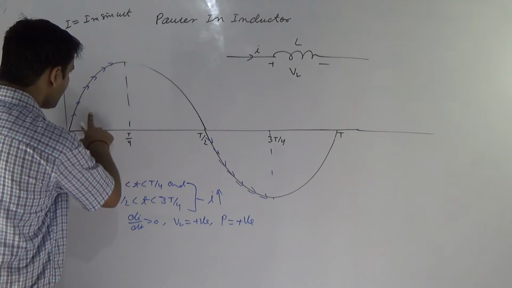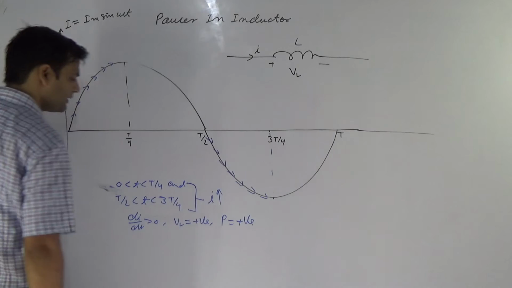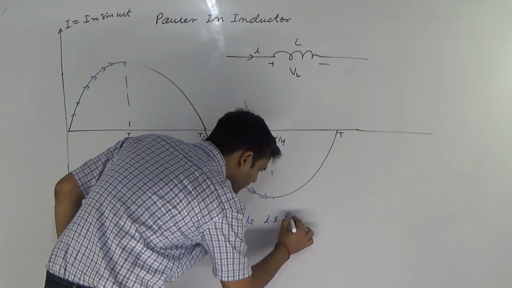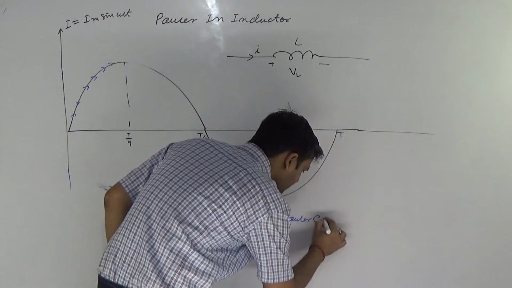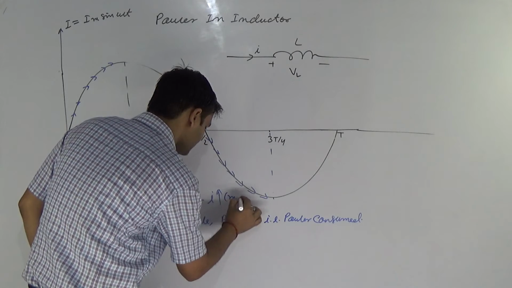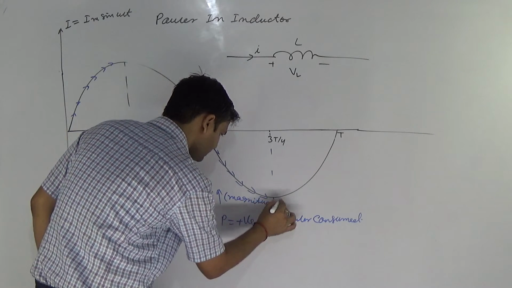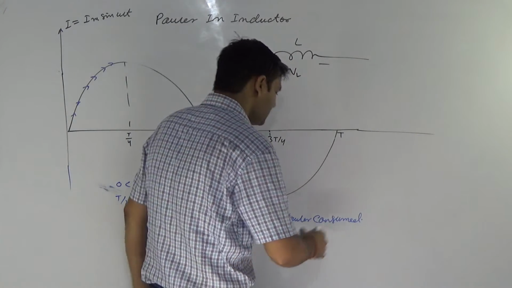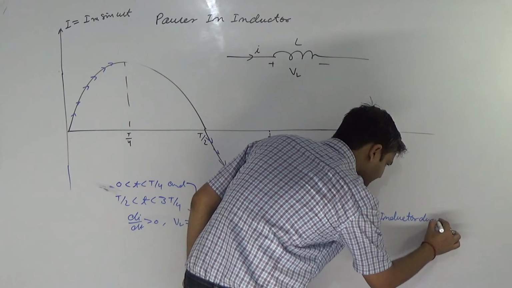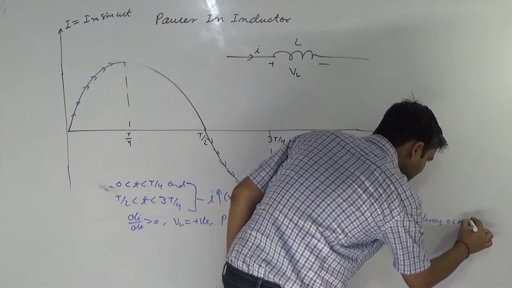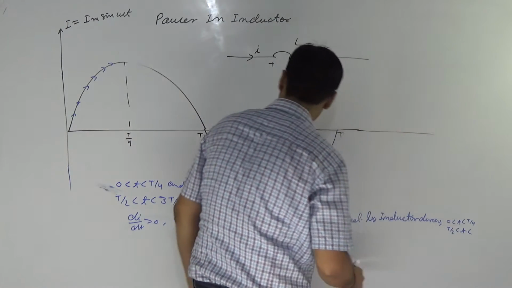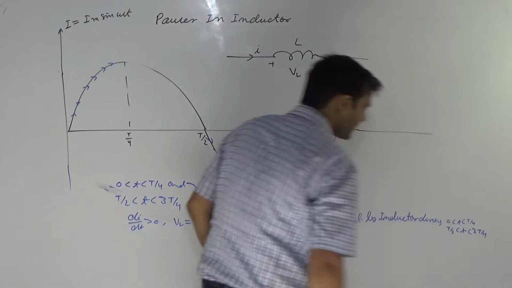It means in the first and third quadrants, power is consumed in magnitude by the inductor during 0 to T by 4 and T by 2 to 3T by 4. Any doubt?